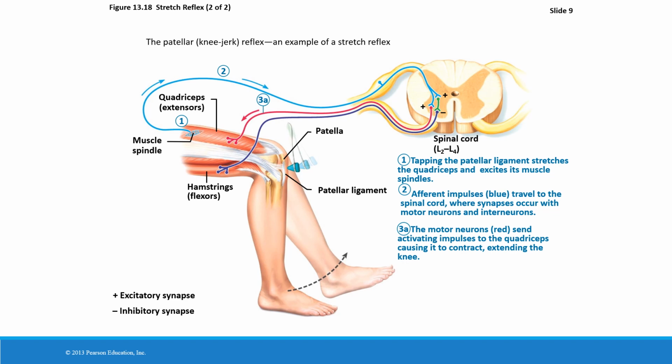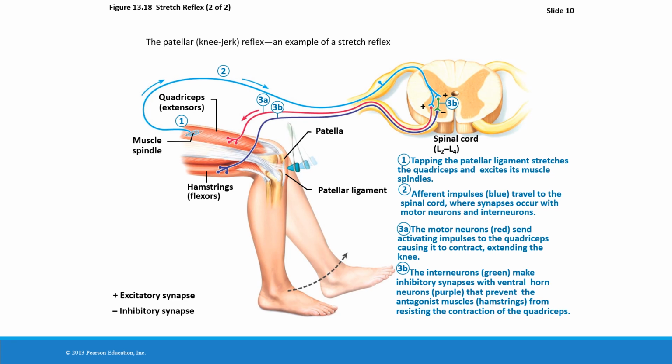Number 3A, so you could see this right here, this pink guy coming in. Motor neurons in red send activating impulses to the quadriceps, causing it to contract, and that extends the knee. 3B, at the same time here, the interneuron in green makes inhibitory synapses with the ventral horn neurons in purple that prevent the antagonistic muscle, the hamstring, from resisting the contraction of the quadriceps.